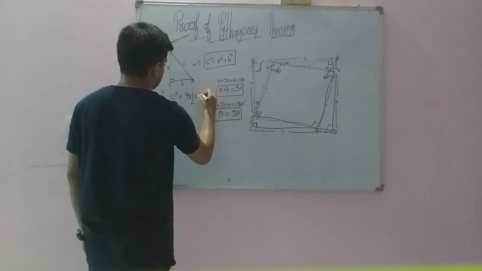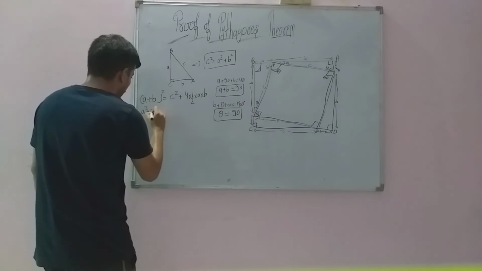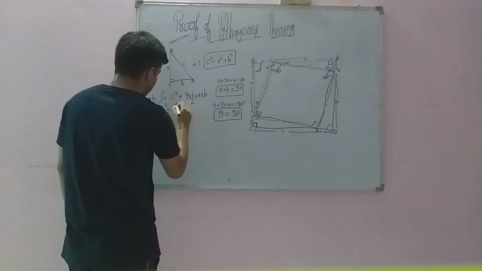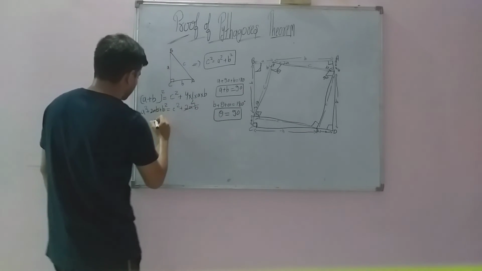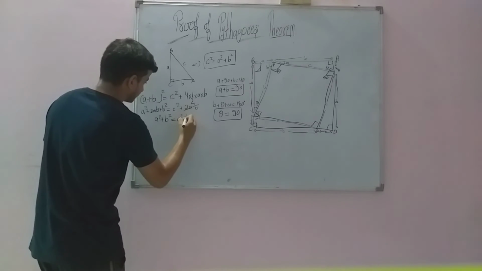Here the base and height are A and B. On solving, we get A square plus 2AB plus B square is equal to C square plus 2AB. On cancelling this out, we get A square plus B square is equal to C square.